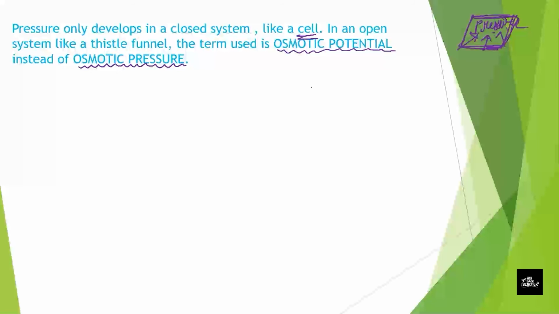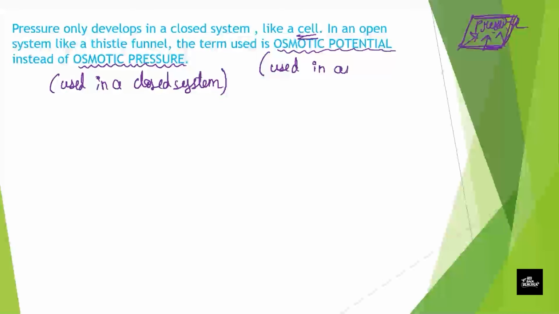Both mean the same. The only difference between the two is that osmotic pressure is used in a closed system, and osmotic potential is used in an open system, like a thistle funnel.